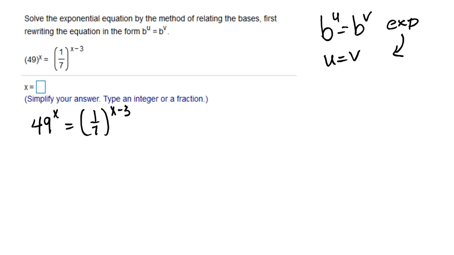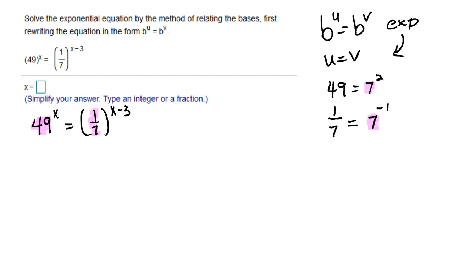We want to make the base on both sides be the same. You can see right now they're not the same. But hopefully you recognize that you have 1/7 and the number 49 is a power of 7. I can change 49 to be 7 squared, and I can change 1/7 to be 7 to the negative 1 power. That would allow us to have the same base on both sides.